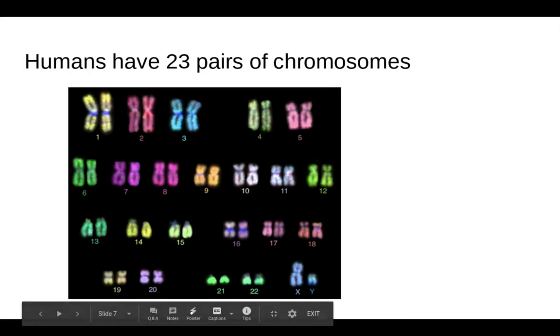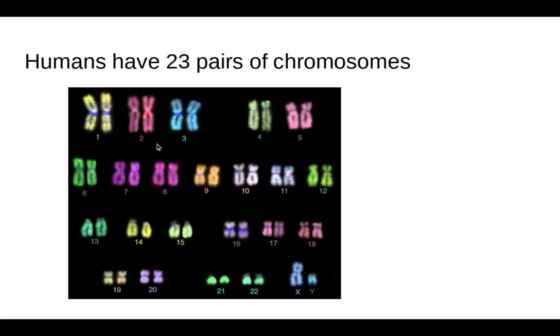Humans have 23 pairs of chromosomes here, okay? Now, in all the different chromosomes, they'll have different pieces of information, okay? So DNA for your height, DNA for the color of your skin, DNA to make cells in your body. Dogs have 38 pairs of chromosomes. Cats have 19 pairs.